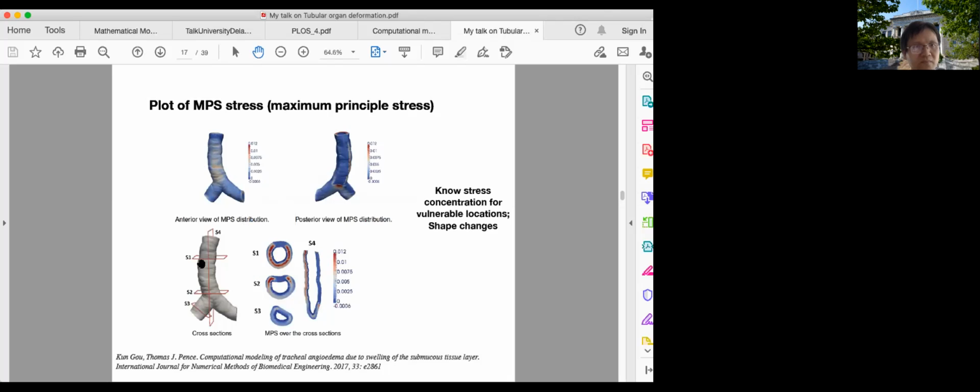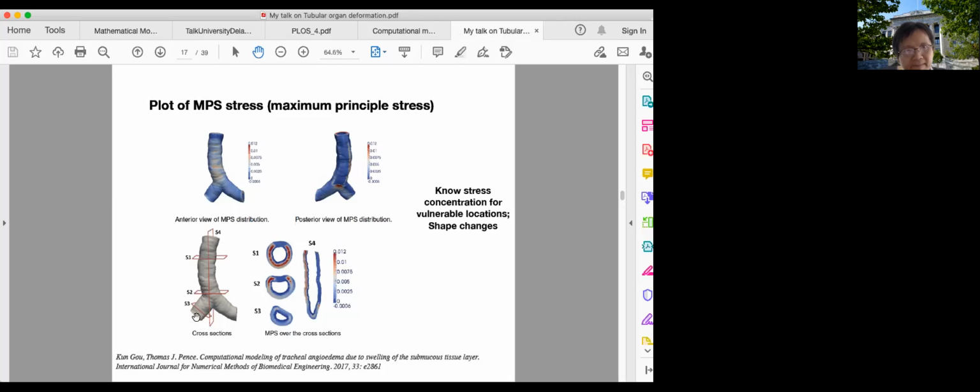And also we have S1, S2, S3, S4 for cross sections, and I can also see the stress distribution. You can see at S1, a red color means there's stress concentration there. And S2 here, there is a flat part. This one is just near the esophagus tube, so it's flat.